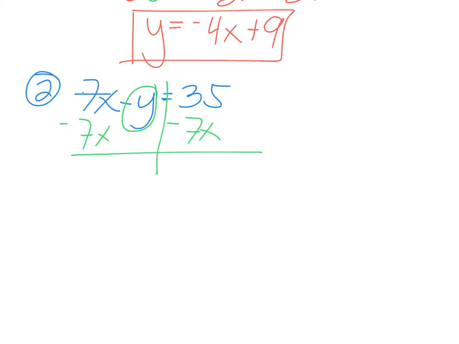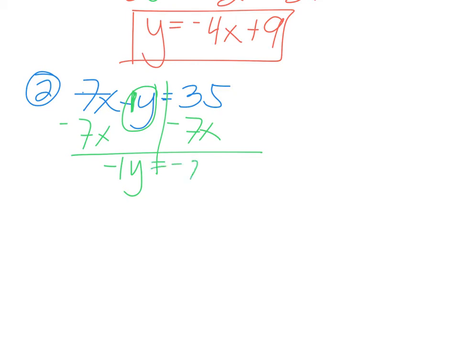Be careful, this is a very common mistake, so pay very close attention. Remember that this negative y actually has a coefficient of negative 1. The common mistake is that we don't write that negative down and we just assume it's positive. So I'm going to explicitly write down negative 1y so we don't forget to divide at the end.